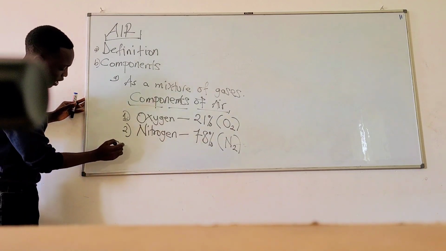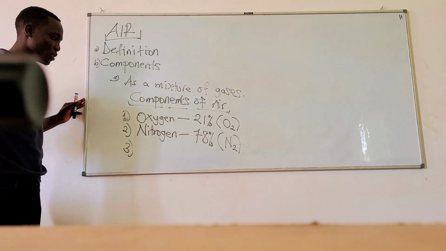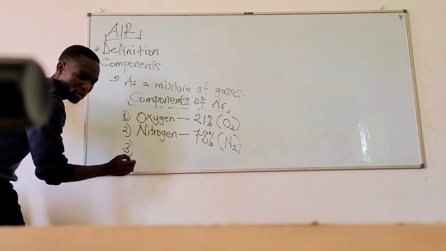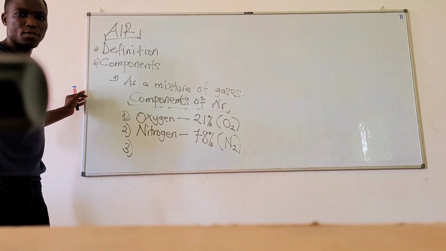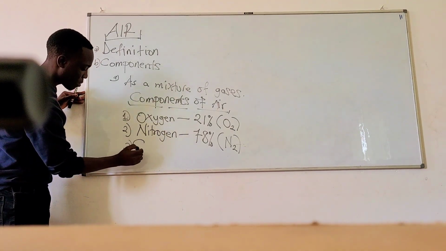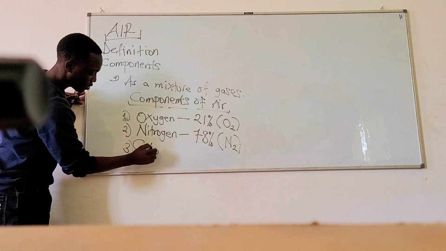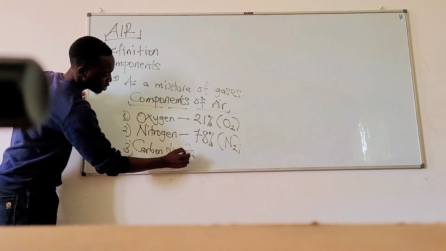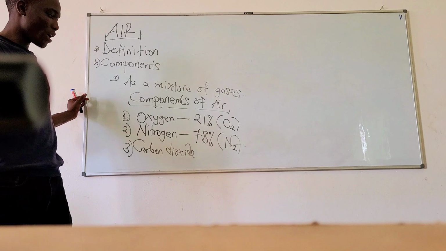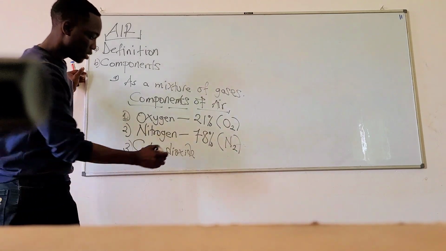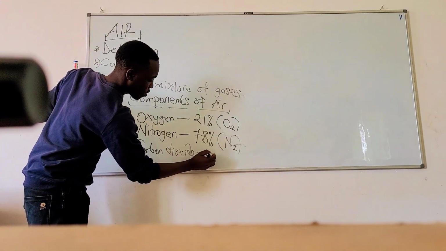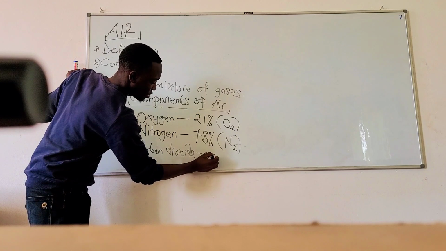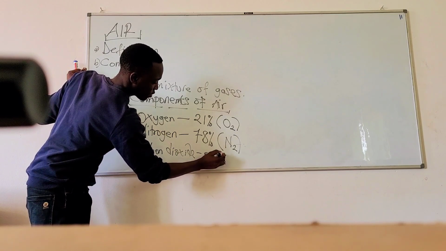Right. Then we continue to another component that we normally use in fridges and in fire extinguishers: carbon dioxide. It is a component that is already there in the atmosphere, and its composition is 0.03%.